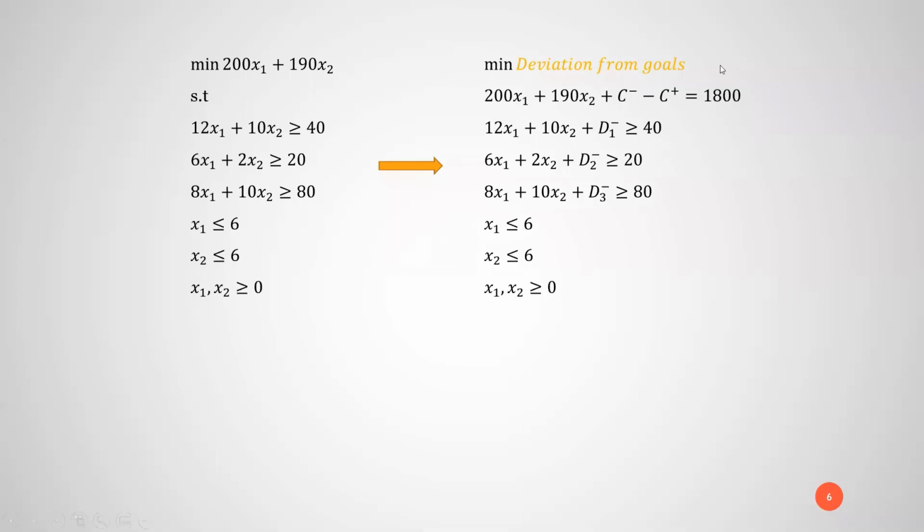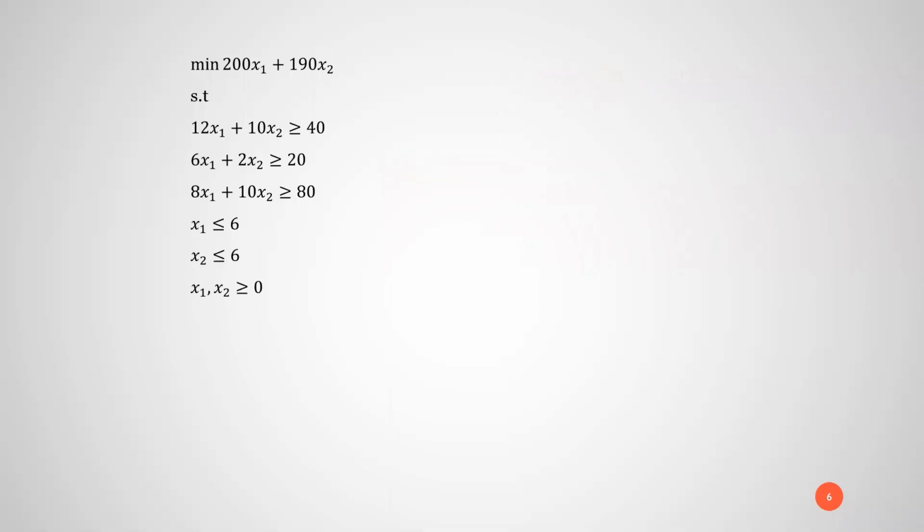So the new objective says that whatever we decide in terms of production in both of the units, the related cost must remain around the goal of 1800, which is adjusted by the deviation variables of C plus and C minus. And the rest of the constraints will be built according to the previous slides' explanations.